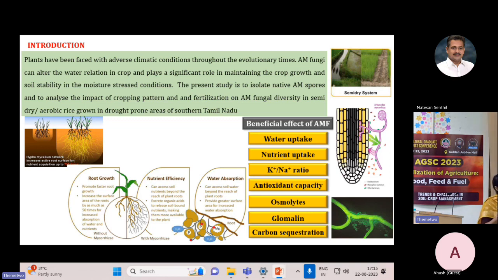Many researchers have proved that arbuscular mycorrhizal fungi can alter water relations in plants, and enhance crop productivity and soil stability in moisture-stressed conditions. AM fungi increase water uptake, nutrient efficiency, root growth and productivity of the crop.